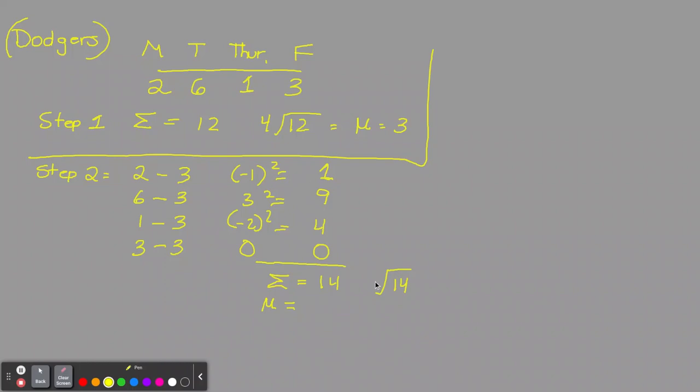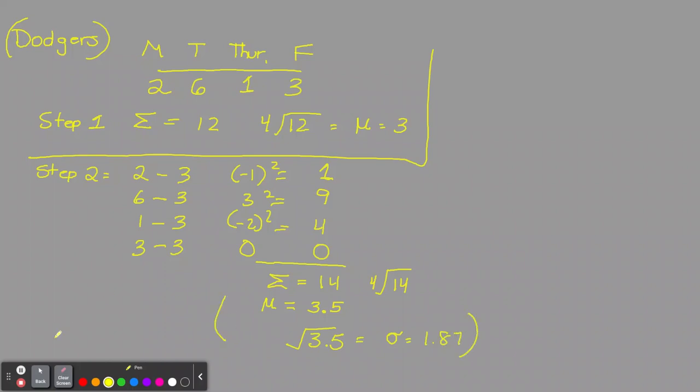How many runs? There's 4. And if we do that, we're going to get a mean of exactly 3.5. But we're not done because we have to get the square root of the mean, and that gives us a standard deviation. Standard deviation symbol, 1.87.